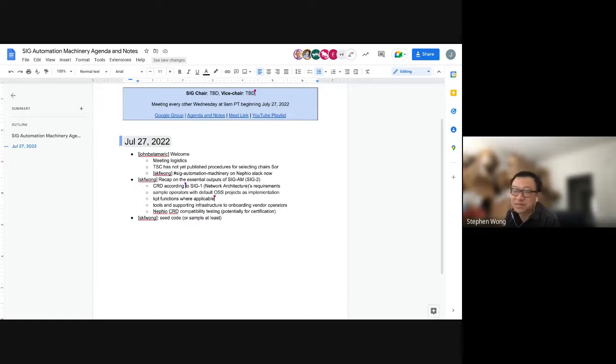I have some echoes. This is going to be decided when we decide the chairs and vice chairs. But for now, at a high level, there's an expectation that this is the group of folks that will be coming up with the custom resource definitions as the first step. In the normal flow, they should be based on the requirements given by SIG-1, the Network Architecture SIG.